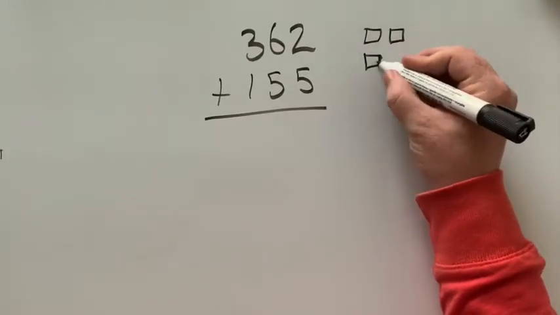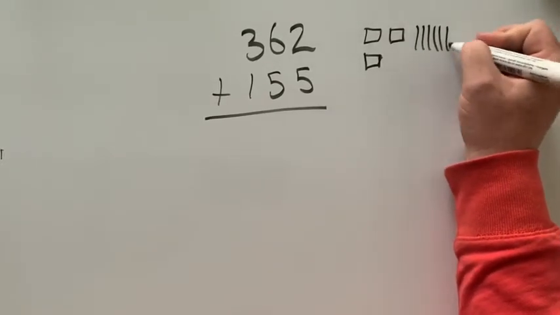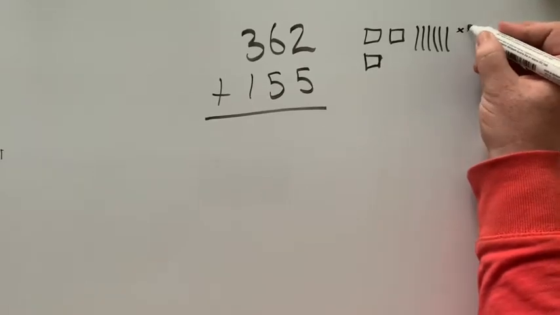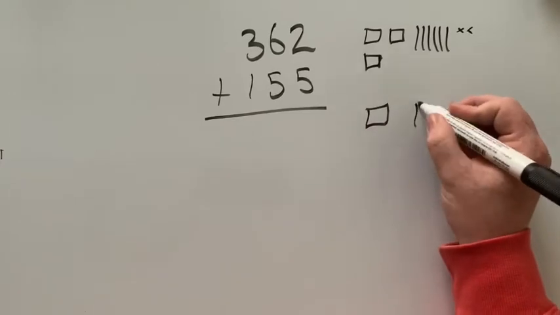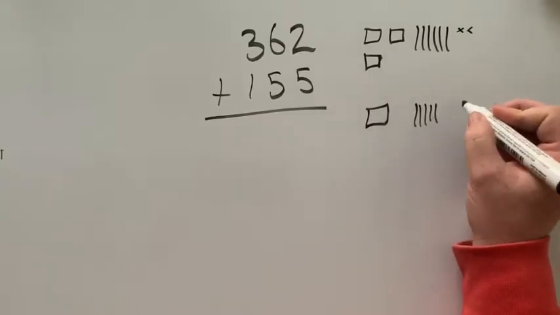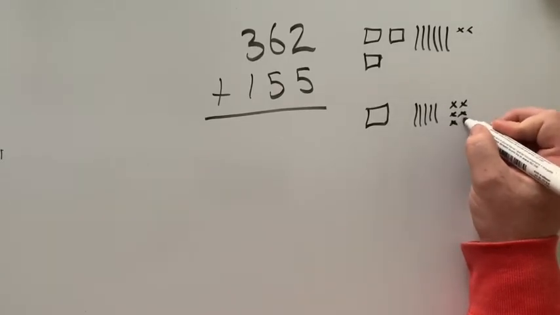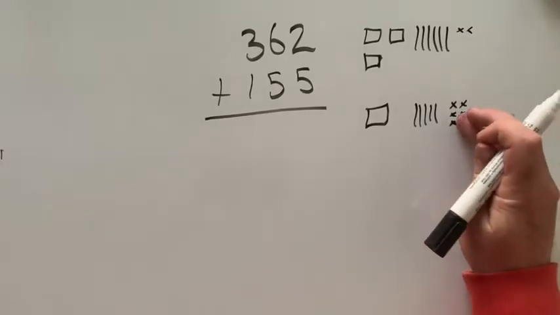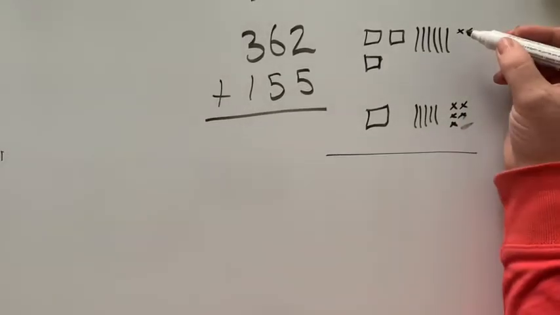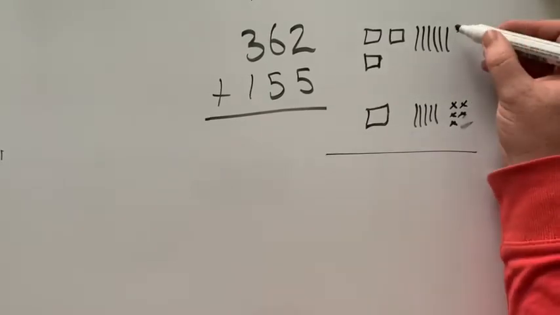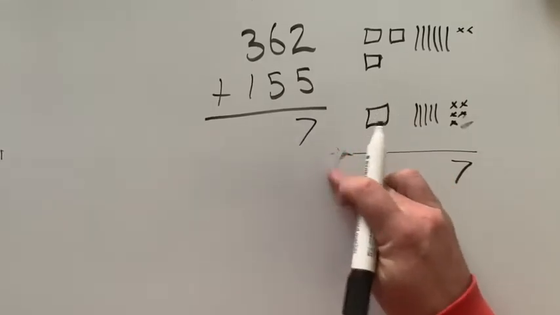Oh, a bit of a funny. 362 plus 155. Yeah. One extra there, didn't need that. Okay. So once again, count the ones. So 5, 6, 7. 5 and 2 is 7.